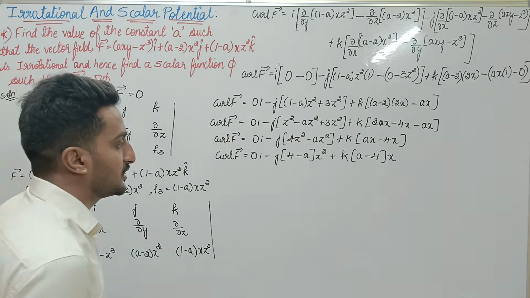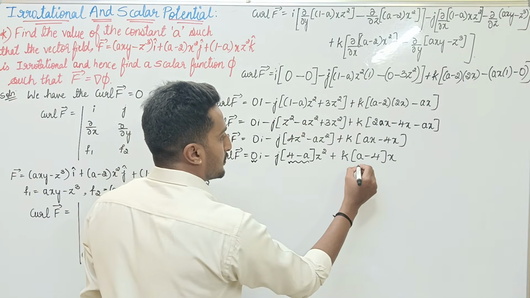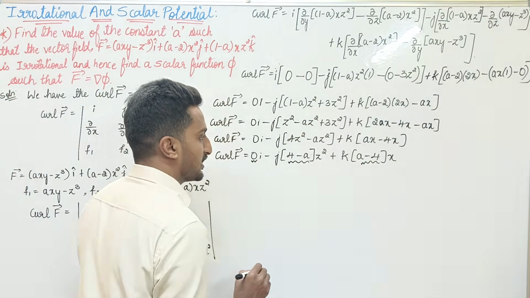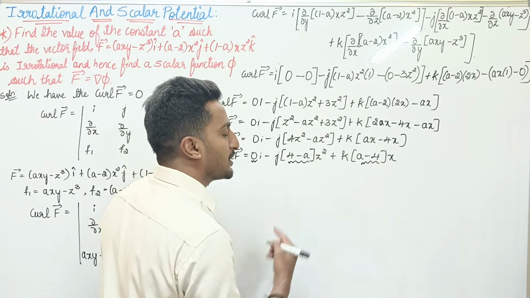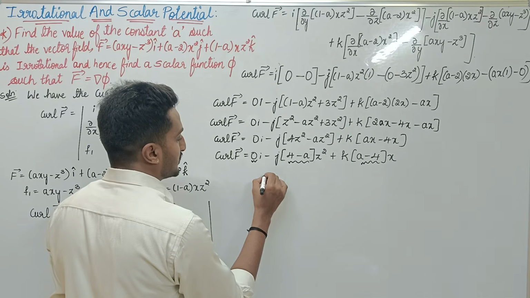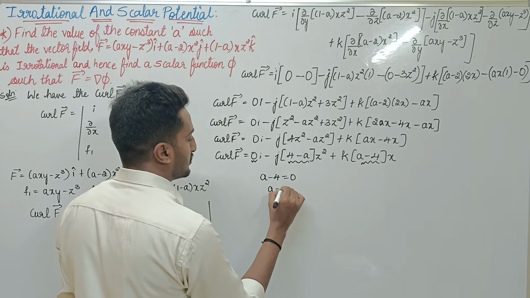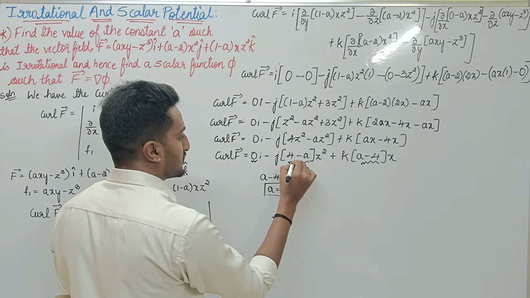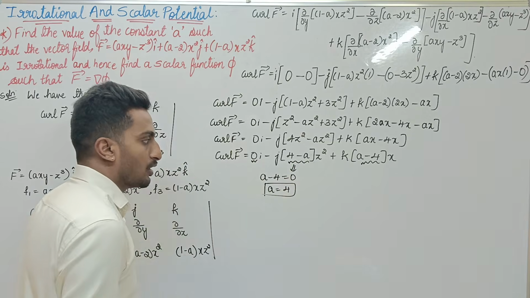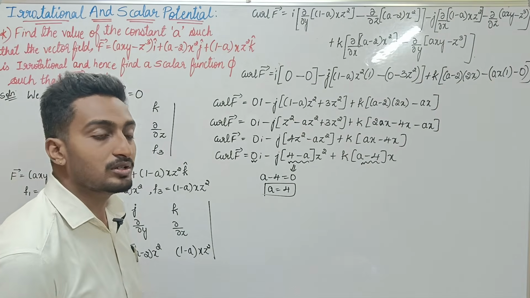To find the constant term a, in the i direction we have already 0, but with respect to the j direction and k direction we have 4 minus a and a minus 4. That is, both are the same. So what am I going to consider? I am going to consider a minus 4 equal to 0, where the value of a equals 4, by just considering this condition. Now, if I put a equal to 4, each and every term will be equal to 0.